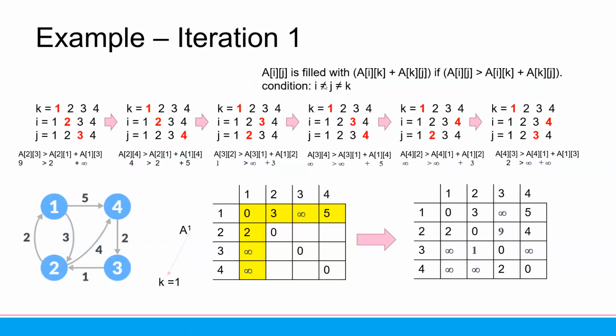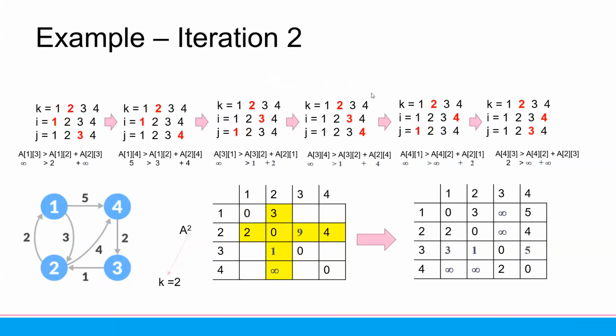So this will be repeated. This will be the iteration for k equals to 1. So you will do for all k equals to 1, and the combination will be 2 and 3, 2 and 4, 3 and 2, 3 and 4, and then 4 and 2, and then 4 and 3.